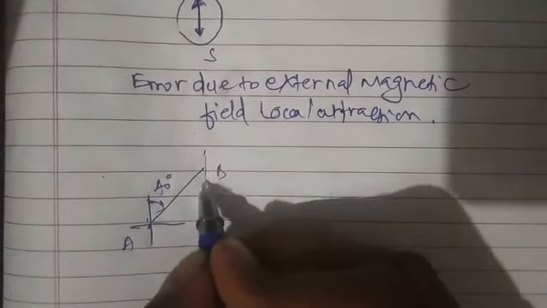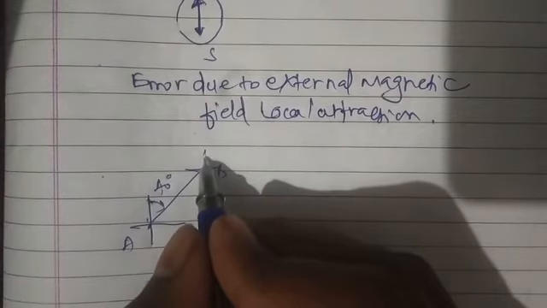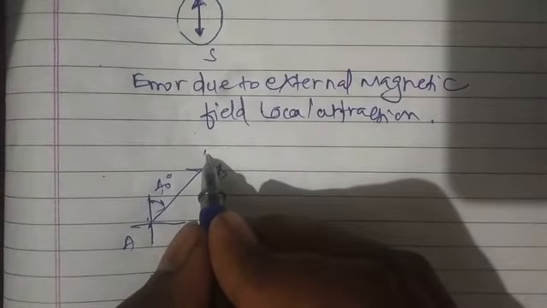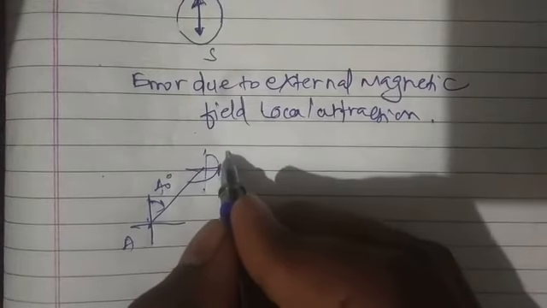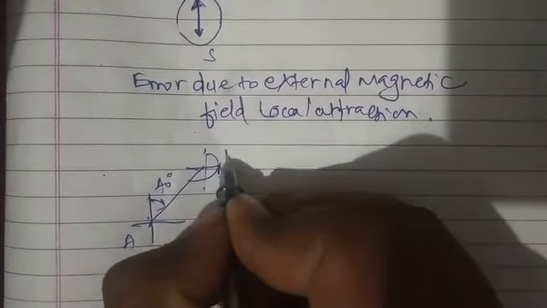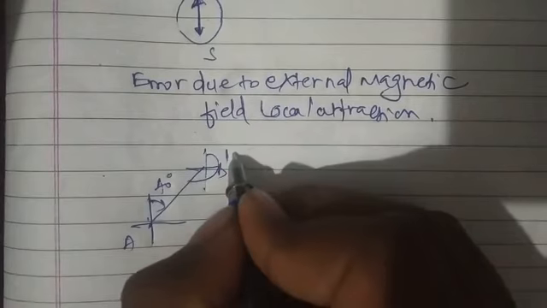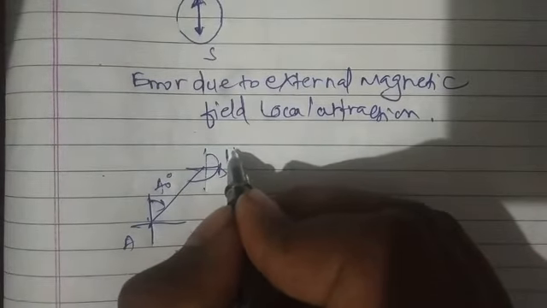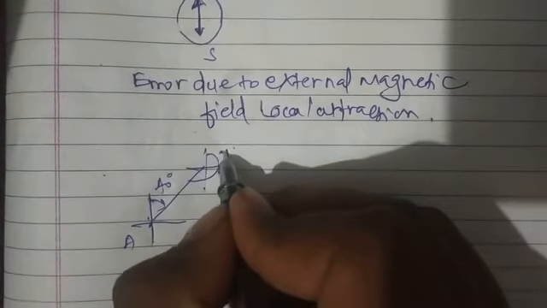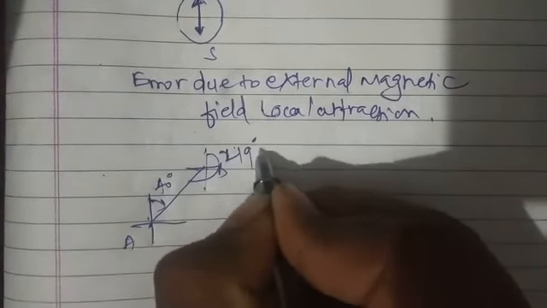We have also measured the back bearing of line AB, which was 219 degree 30 minute.